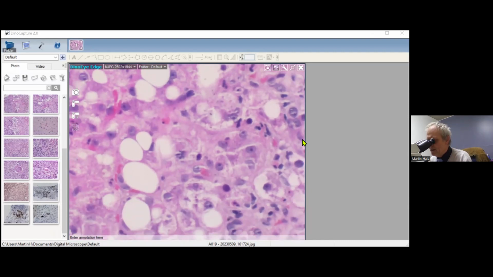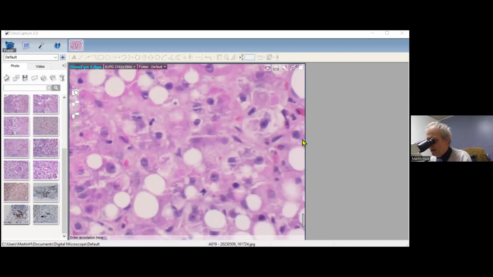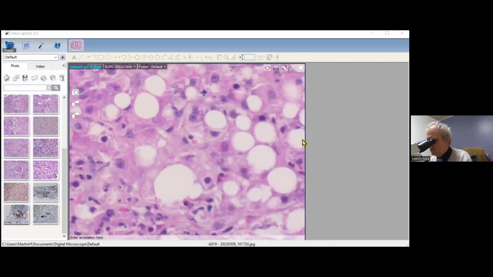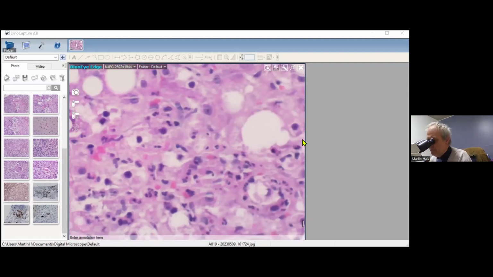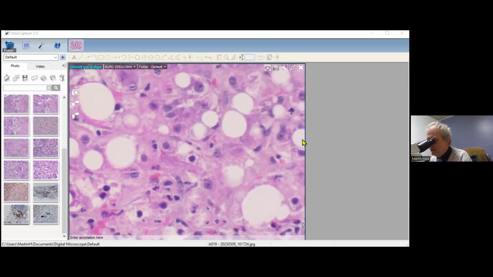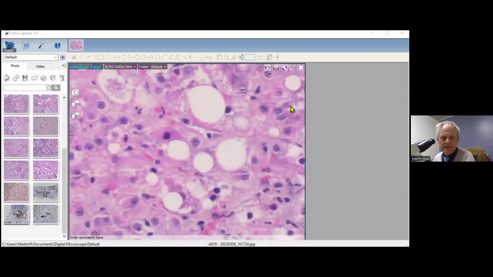So that means that automatically we're giving this a higher score. And then when we look for ballooning degeneration, remember, it's Mallory-Denk bodies or ballooning. It doesn't have to be both. You can see that ballooning degeneration is also relatively easy to find. For example, that's ballooning there.